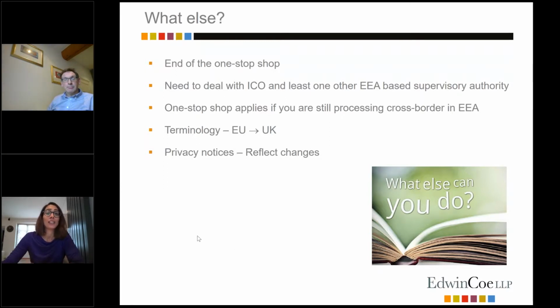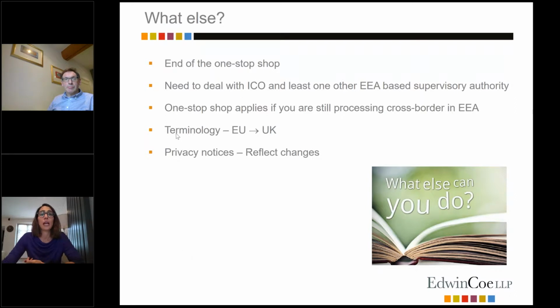However, once the transition period ends, you may no longer be able to benefit from the one-stop shop. Therefore, you should consider whether your processing activities involve cross-border processing under the GDPR and which supervisory authorities you may need to deal with.